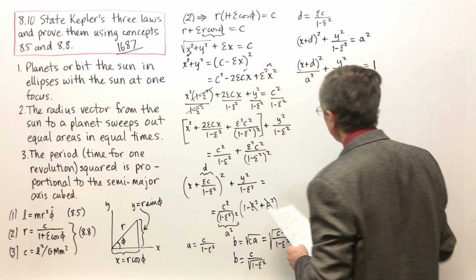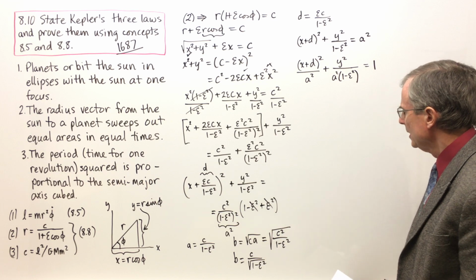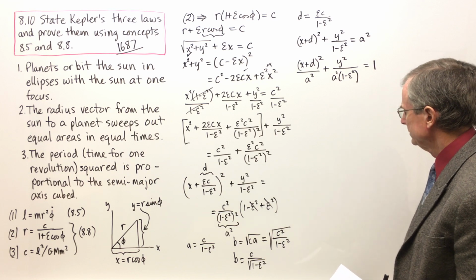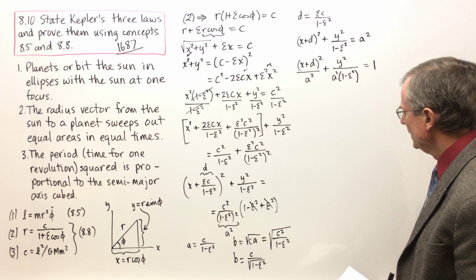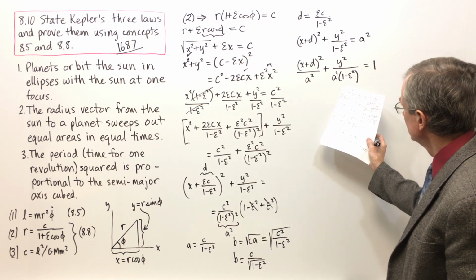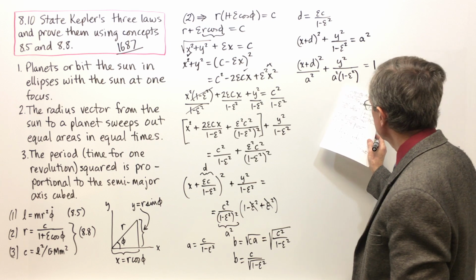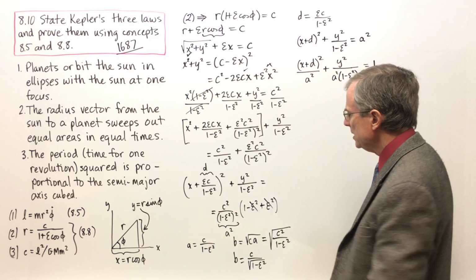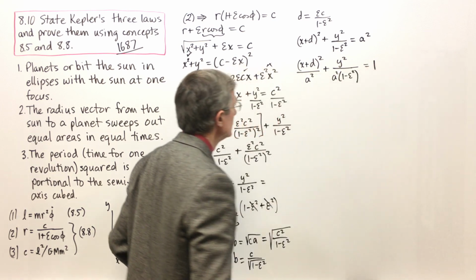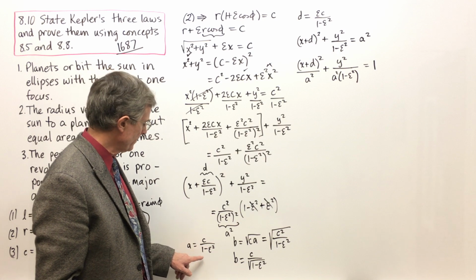And that's supposed to equal 1. But this is just going to be b squared. And how do I know that? It's the easiest way to see it. a squared is going to be c over 1 minus epsilon squared.